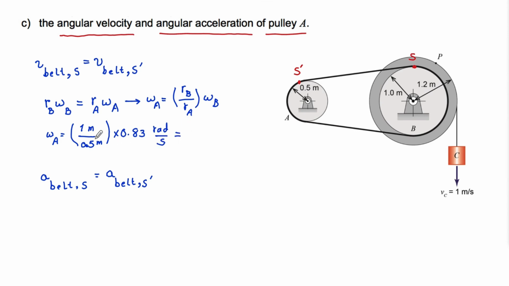After calculating this we get 1.66 radians per second. This is omega for pulley A.